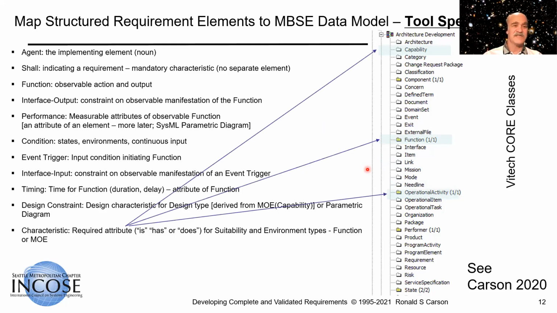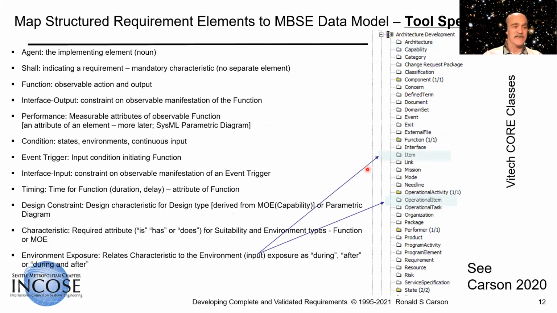The characteristic might be something that the attribute is, has, or does, used for the suitability and environment types, and might be derived from a function or a capability, a measure of effectiveness, or an operational activity.